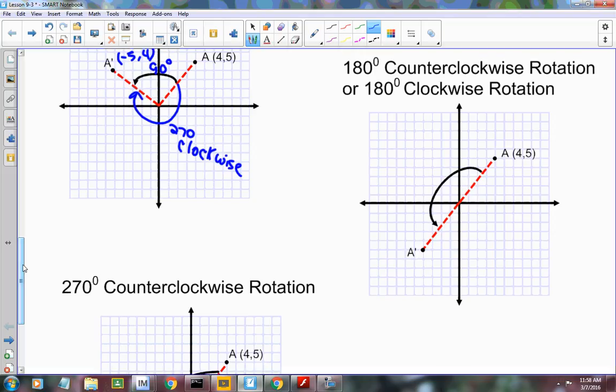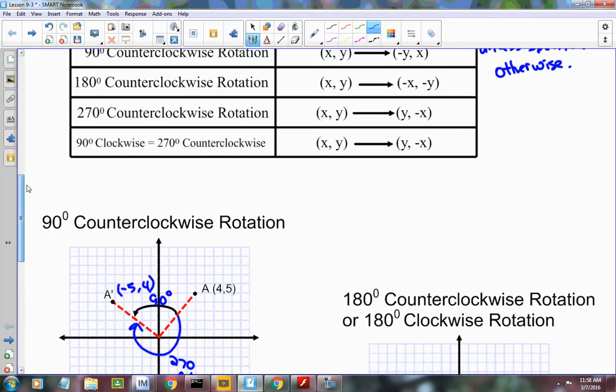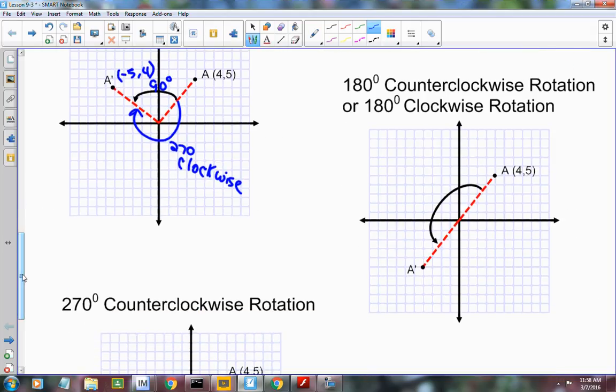180 counterclockwise rotation. Now 180 counterclockwise and 180 clockwise is the same thing, okay? And the rule for it is you just change the signs of the coordinates. So if this right here is (4, 5), when I rotate 180 degrees, it becomes (-4, -5).